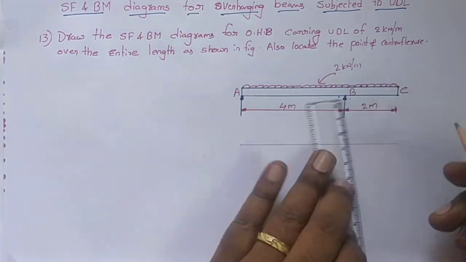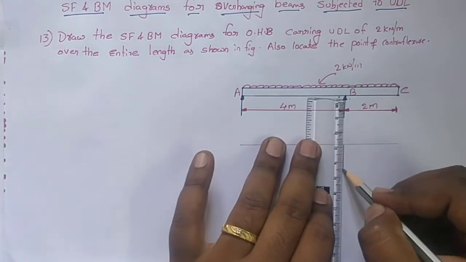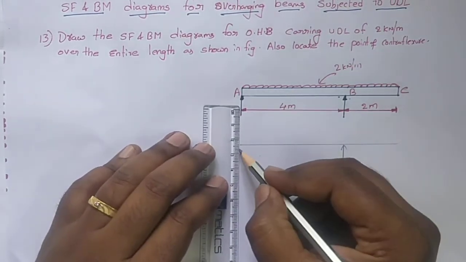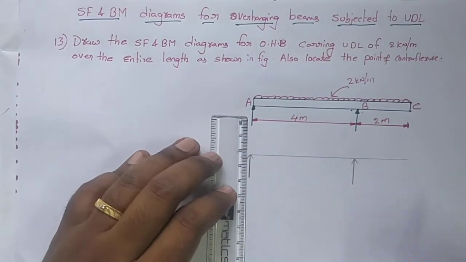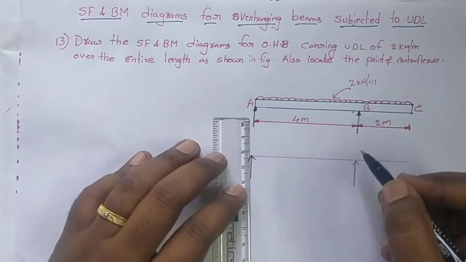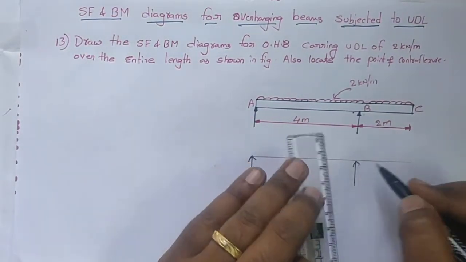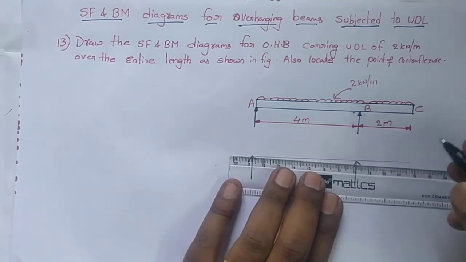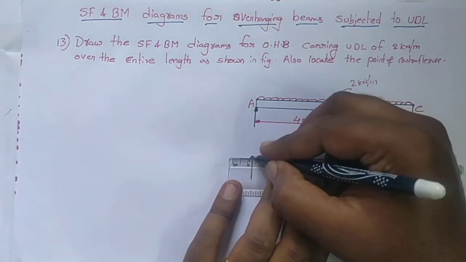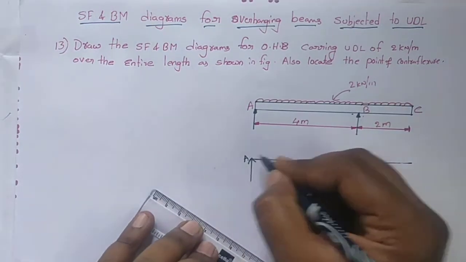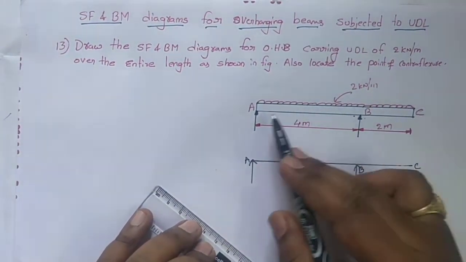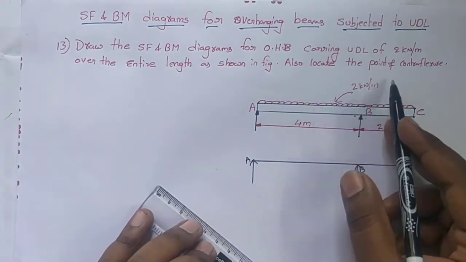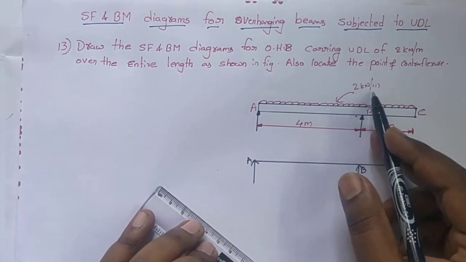In this, I am going to convert the UDL load into point load. It is the overhang beam, having supports A, B and C. From A to B we have a UDL load of 2 kN per meter.